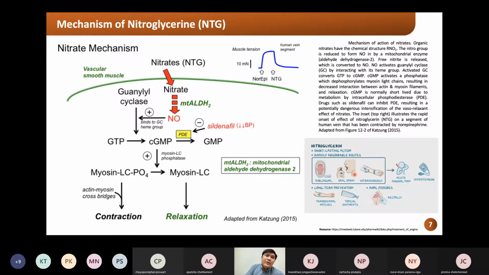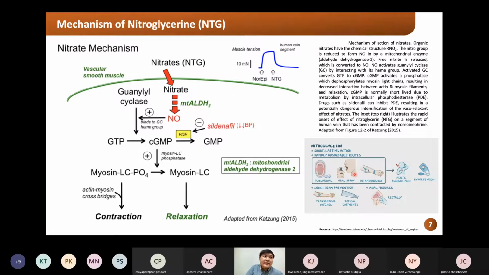And when we look at the mechanism of nitroglycerin, NTG is a substrate that can interact with mitochondrial aldehyde dehydrogenase 2 to become nitric oxide. I know you might be familiar with this name.